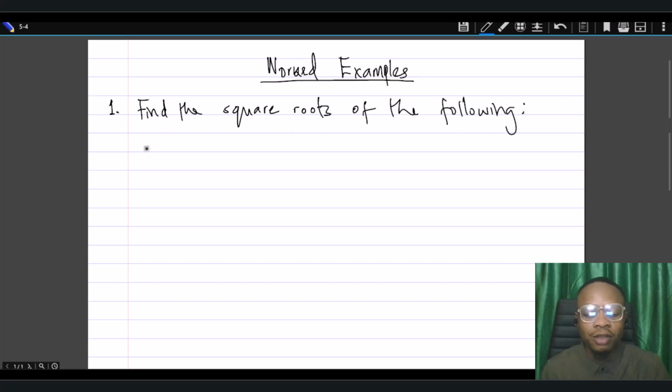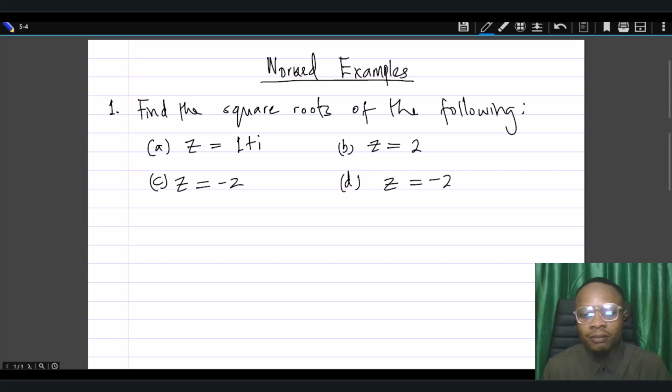The first one, a, is z equals 1 plus i, b is z equals 2, then c is z equals minus 2, and for d we have z equals minus 2i. Right, so we want to get the square roots of these numbers.